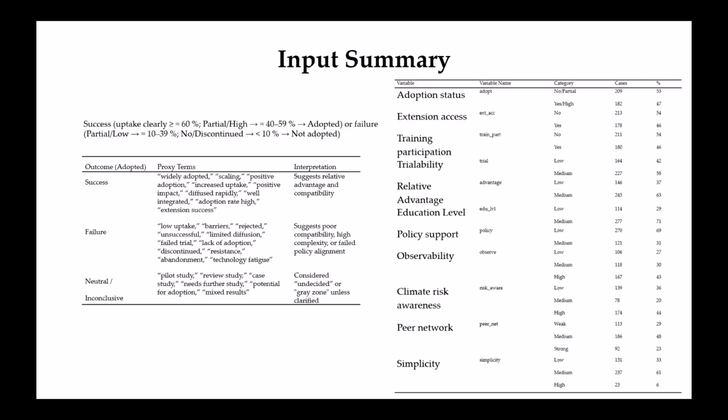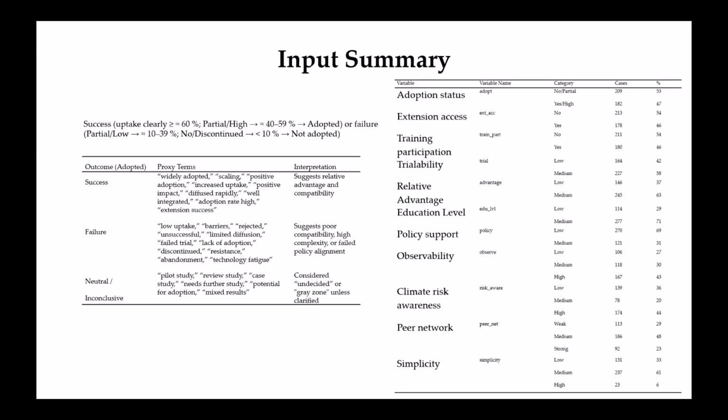Many publications are actually talking about qualitative work, right? So we have some kind of proxy terms. Success is widely adopted, scaling, positive adoption, extension success, and the interpretation is basically relative advantage and compatibility.